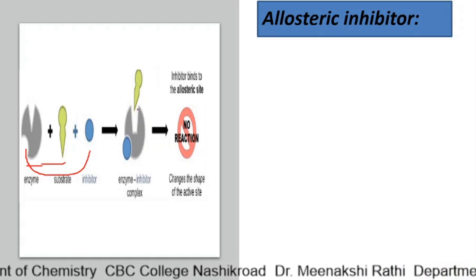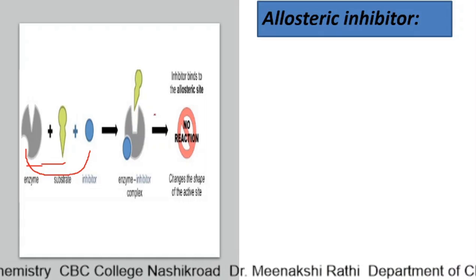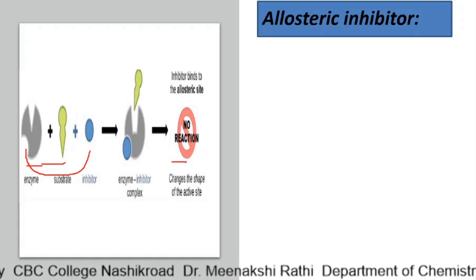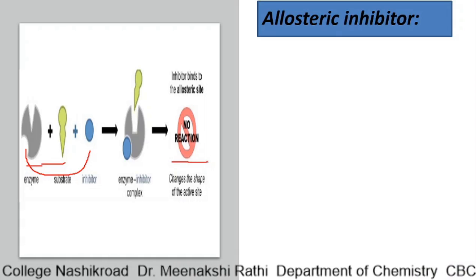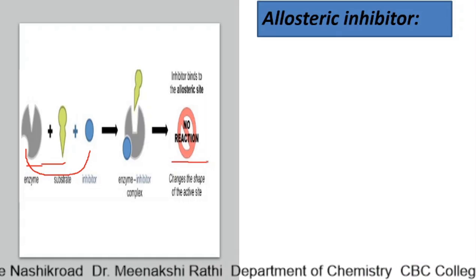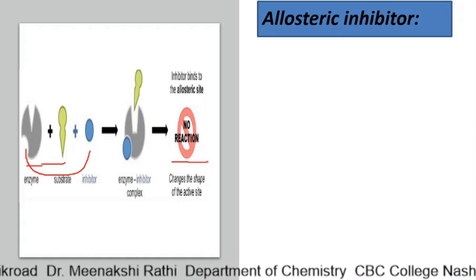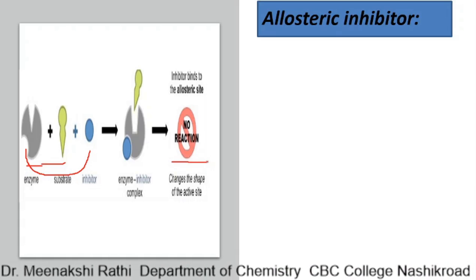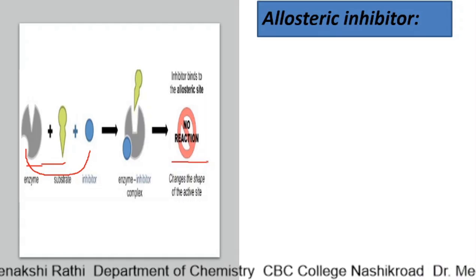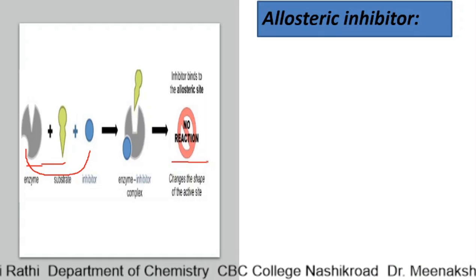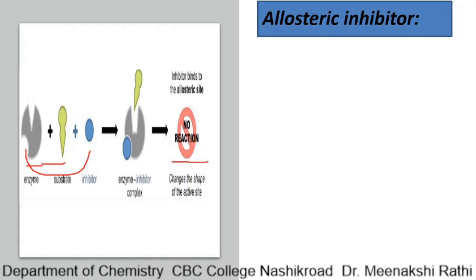Now the substrate cannot attach to the active site and no reaction takes place. So these inhibitors change the shape of the active site and stop the reaction.